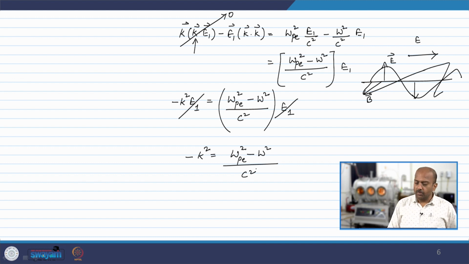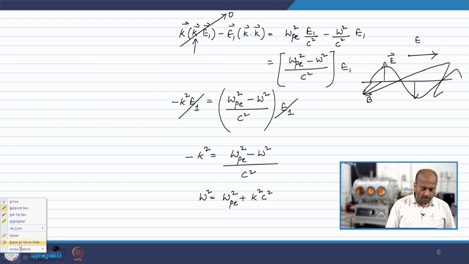So, we have a relation between omega and k at the end. We can rewrite this equation in a familiar form as omega square equals omega pe square plus k square c square. Now, this is the dispersion relation that we were actually looking for.